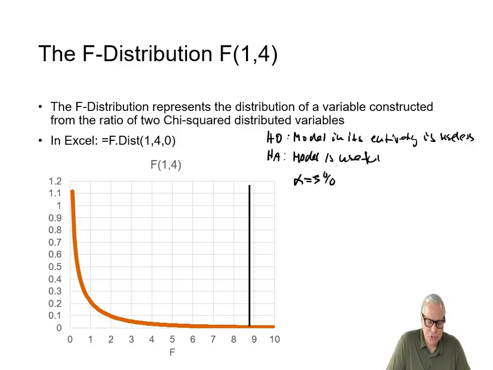And because it is extremely unlikely, we reject the null that the model in its entirety is useless. Okay, so now what is actually that probability?